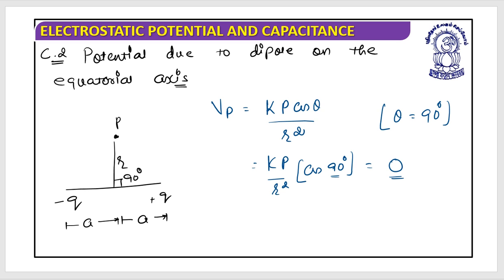So potential would be 0 on the equatorial axis. On this complete axis, potential due to dipole would be zero. I hope you are clear with this.